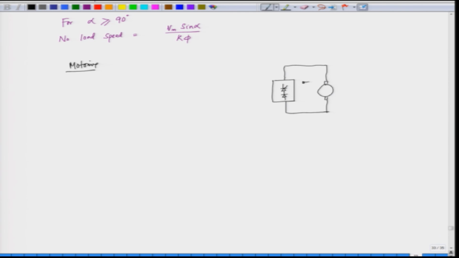The field is separately excited. This is single phase input here, AC input. So, this is the motoring case. We have the voltage here, that is V A. So, for motoring, V A is positive and the current is positive and speed is positive.